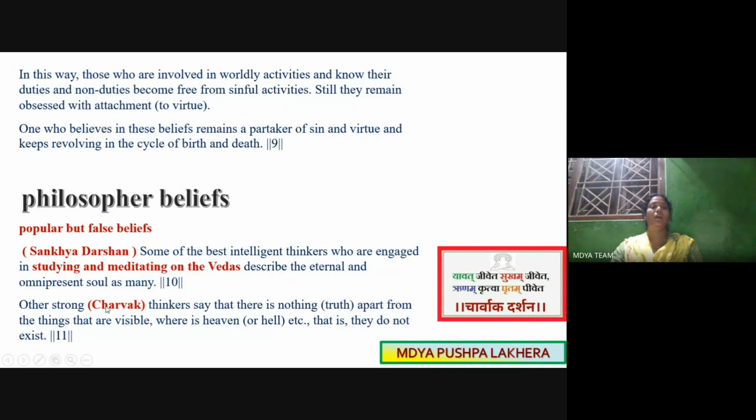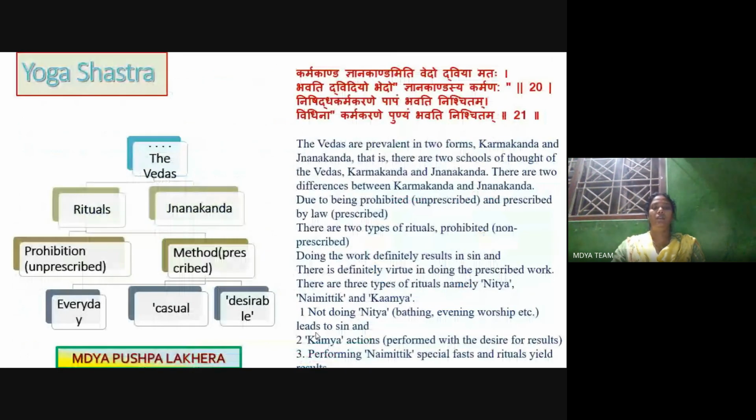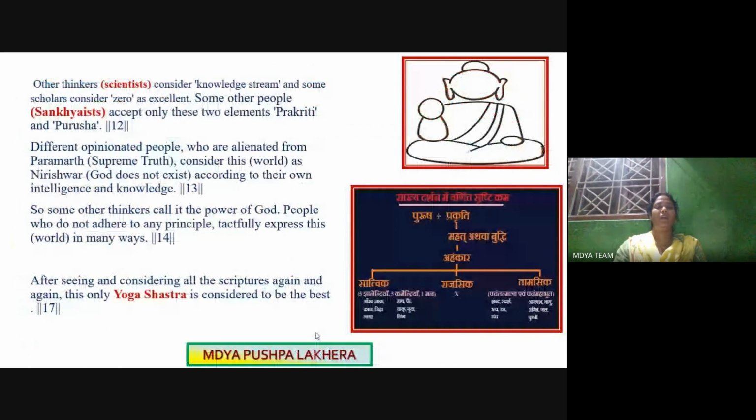The Charvaka thinkers say that there is nothing apart from the things that are visible. Where is the heaven and where is the hell? That is also mentioned clearly in this slide.